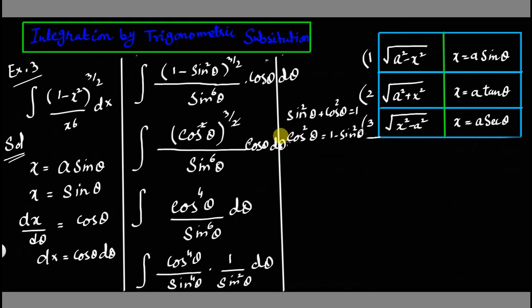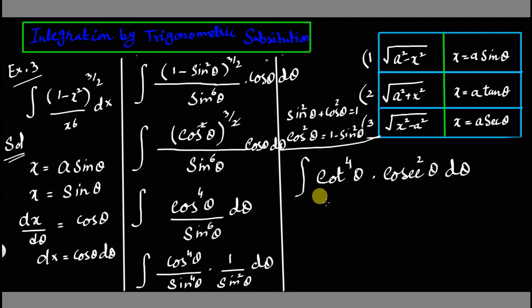So what is left now? We have cos over sine, that is always cot, so cot 4 theta into cosecant square theta. So it is very important, since we know the differentiation of cot theta is equal to minus cosecant square theta, so we can use the power rule here.